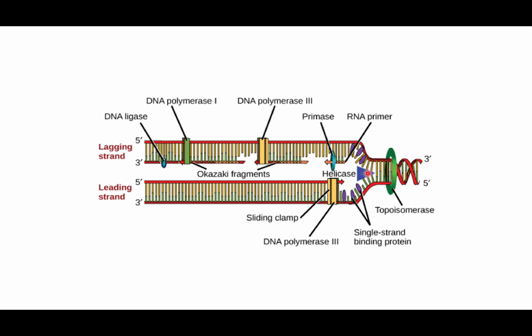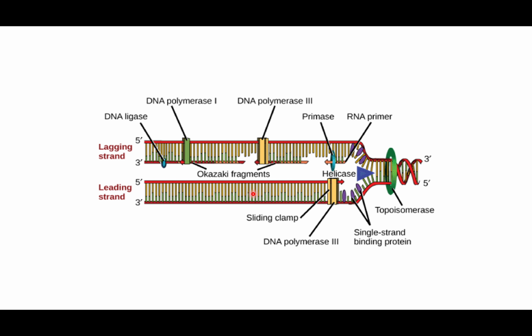So what's happening here now? We have helicase continuing to go through. We have our primase there and our RNA primer. So what's happening here is that when the primers are placed, the DNA polymerase would actually go through to create Okazaki fragments. So for the creation of the Okazaki fragments, DNA polymerase 3 would actually be the one creating the leading strand.